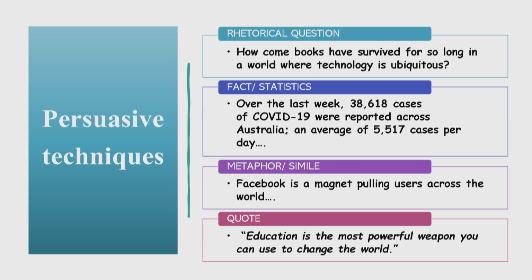Facebook is a magnet pulling users across the world. You could also use a quote. For example, education is the most powerful weapon you can use to change the world. You can include these to give an edge to your writing or expression.